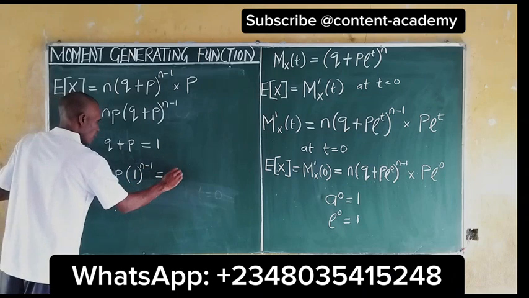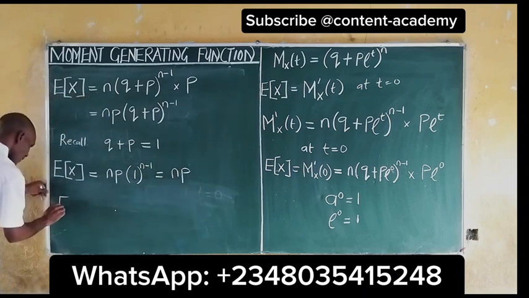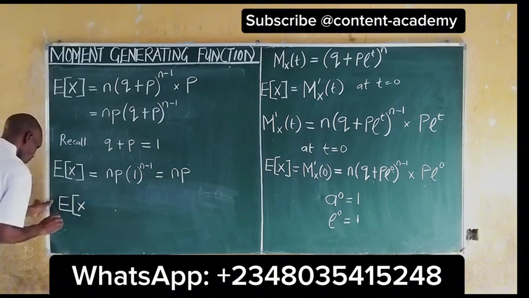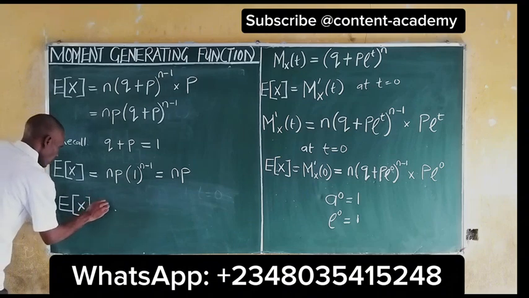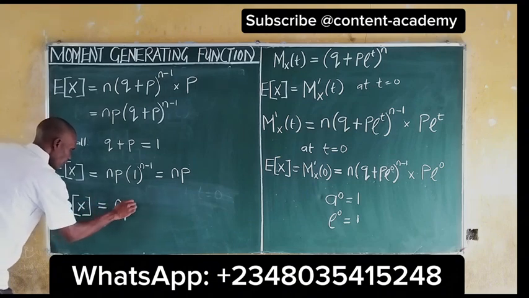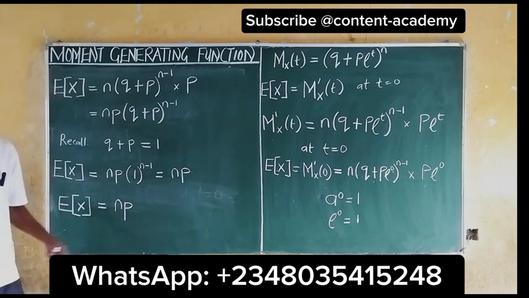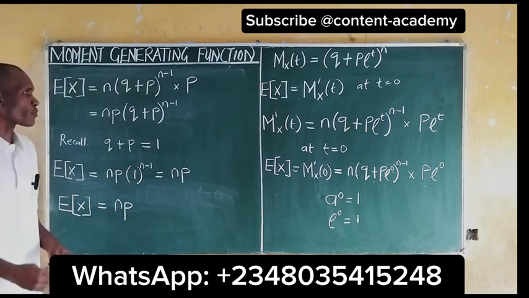So it then means that our expectation of X, which is the first equation, is equal to np. So this is simply how we can obtain the mean for the moment generating function.